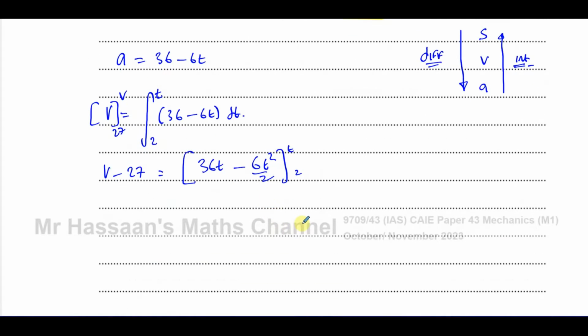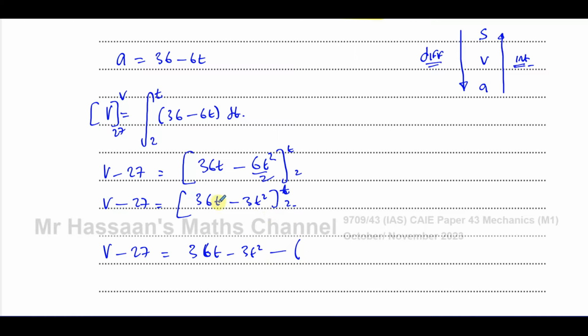Now we have v minus 27 equals 36t minus 3t squared with the limits of t and 2. So when we put those limits in, we're going to find an expression. With t put in there, you'll get exactly 36t minus 3t squared.